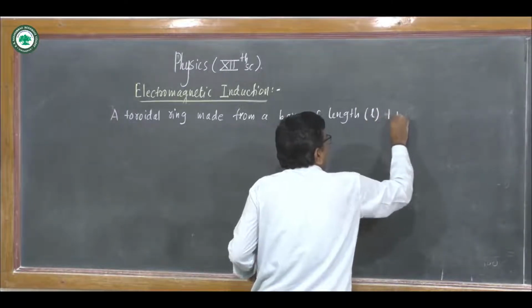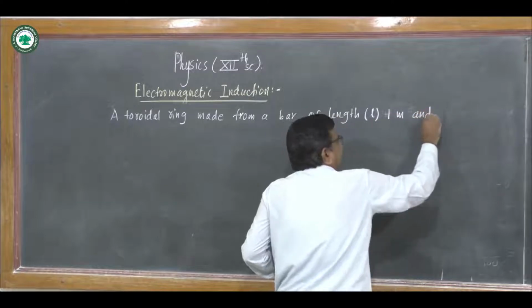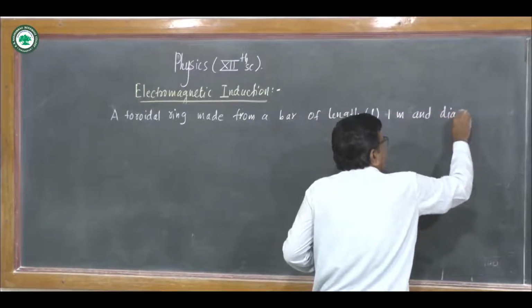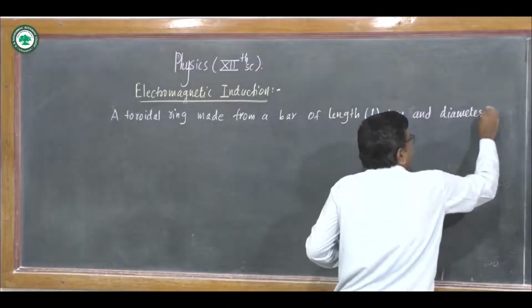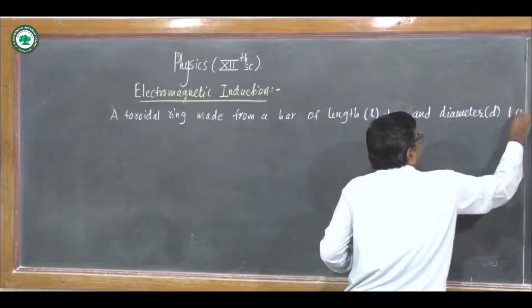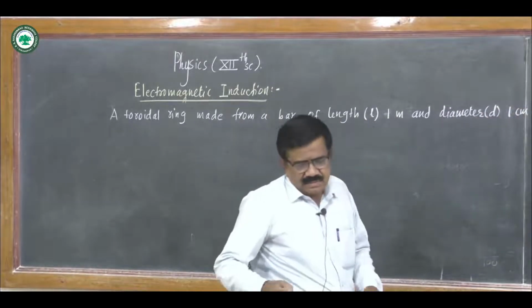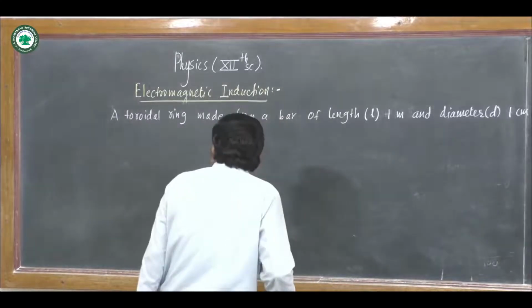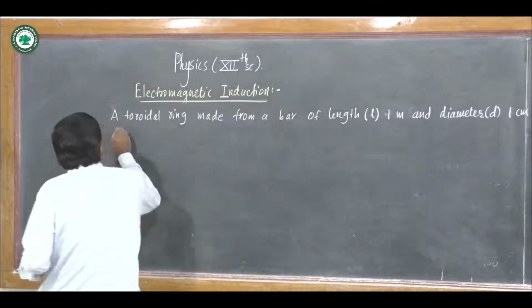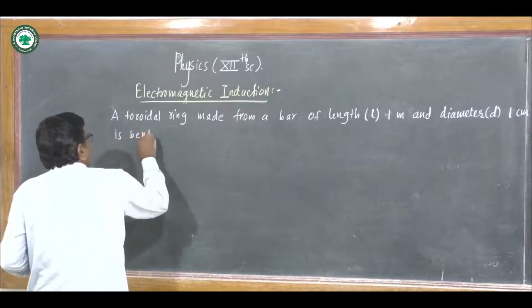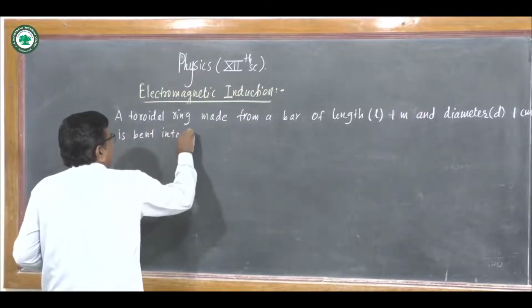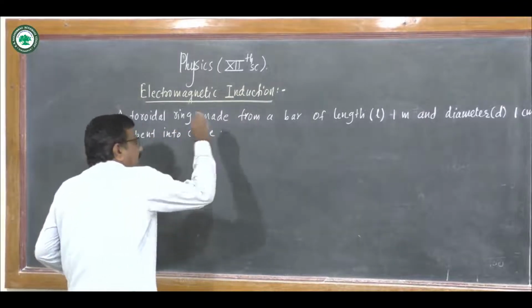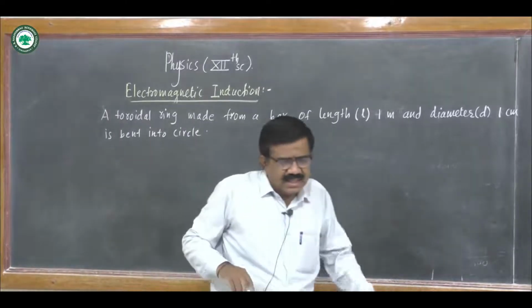Length L is 1 meter and diameter, that is D, is 1 centimeter. This ring is bent into a circle.